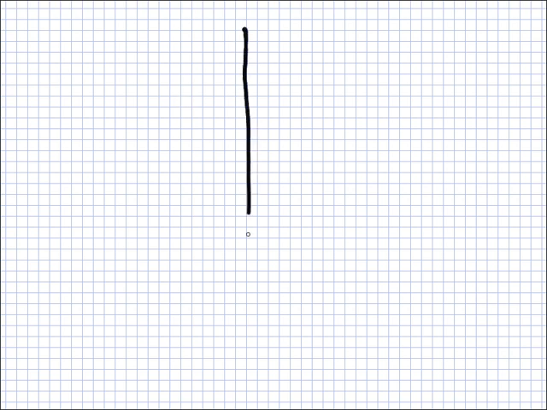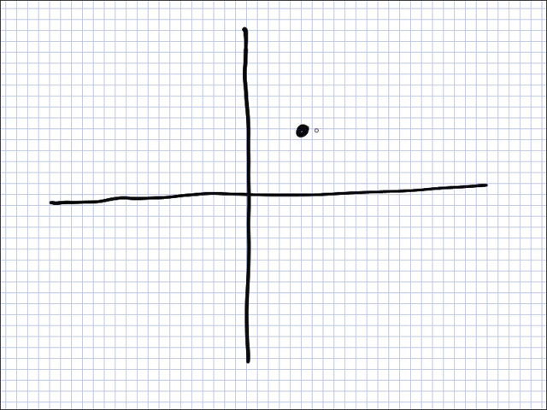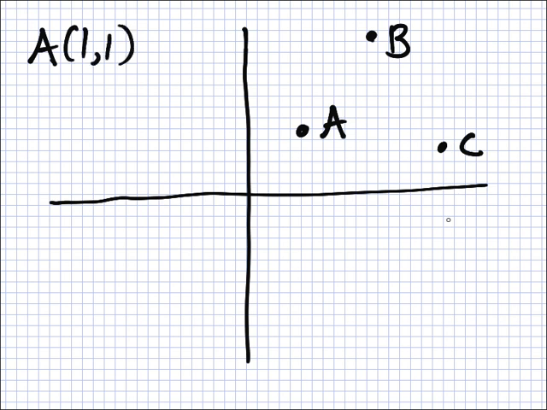Let's see. Okay, here's A, here's B, and then let's say here's C. And we can say A is (1, 1). Don't forget my X and Y. A is (1, 1).